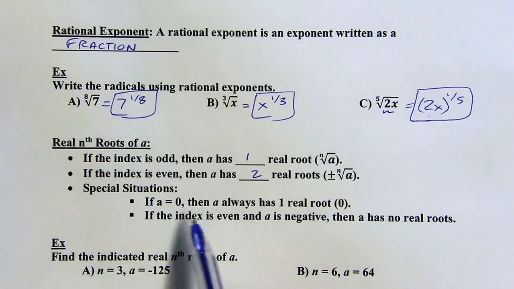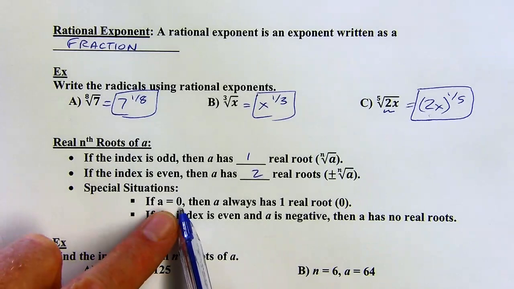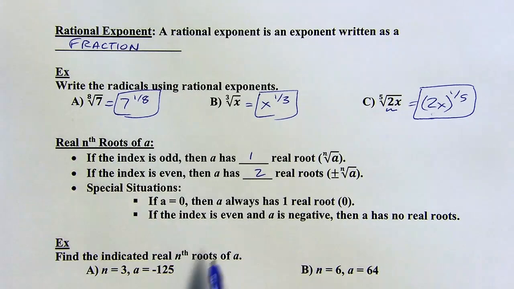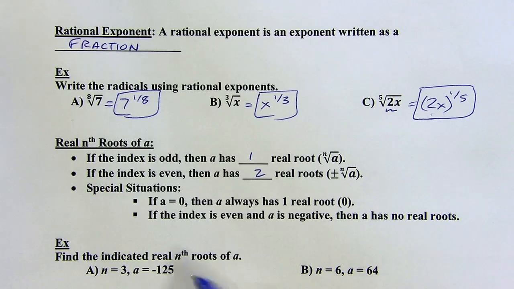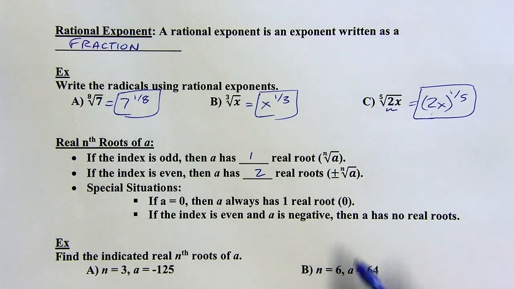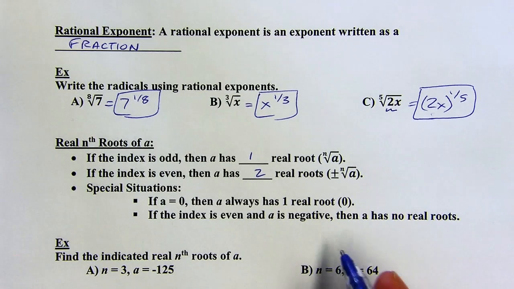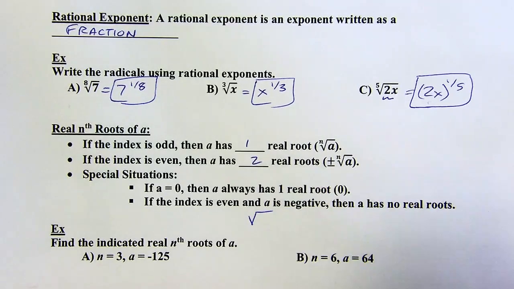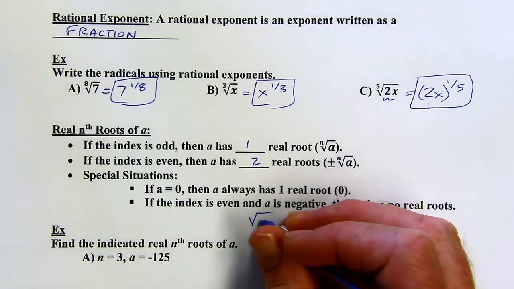There are special situations. If the radicand is 0, so if you're taking the square root of 0 or the cube root of 0 or the 17th root of 0, it's always going to equal 0. So there's always one root if the radicand is 0. And if you've got an even index when the radicand is negative, then there are no real roots. So let's think about that for a second. Let's say we're taking the square root of negative 9.